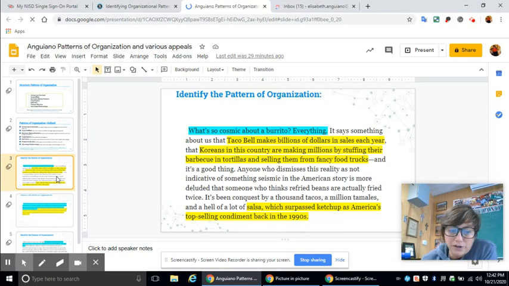And so for each one of these paragraphs, you are going to read the entire paragraph. Okay, I want you to read the entire paragraph, and then I want you to think about the entire paragraph. How is the author trying to organize this? Is it cause and effect? Is it compare and contrast? Is it problem solution? What is the organizational pattern within this paragraph? There's only going to be one.